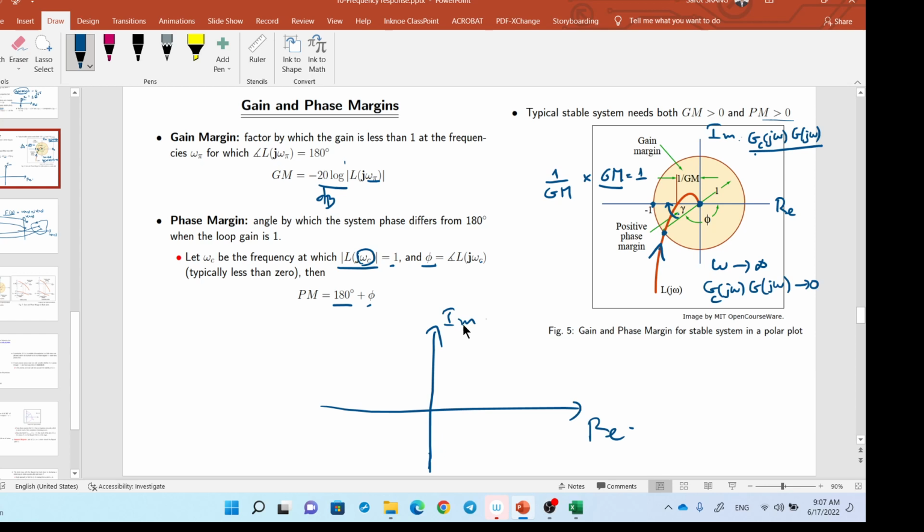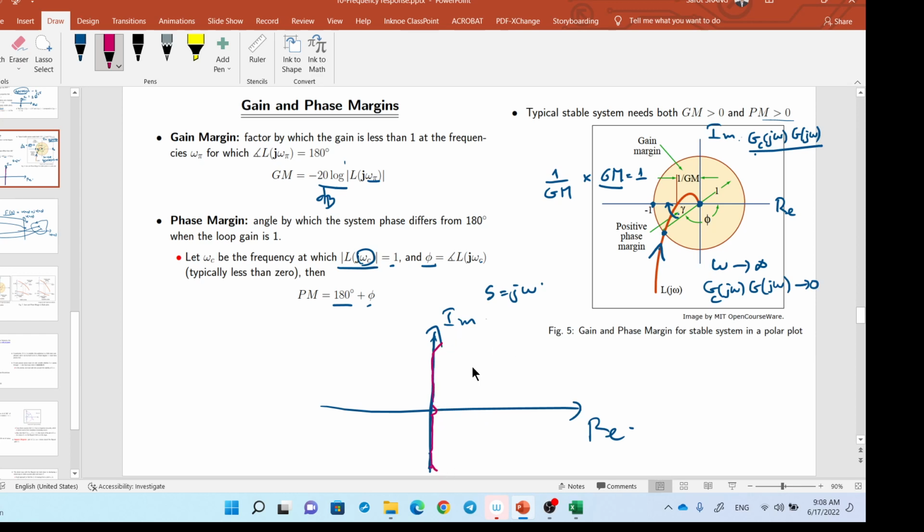Well, s equals j omega, which means along this axis, the j omega axis. Then let's take a contour here, except 0.